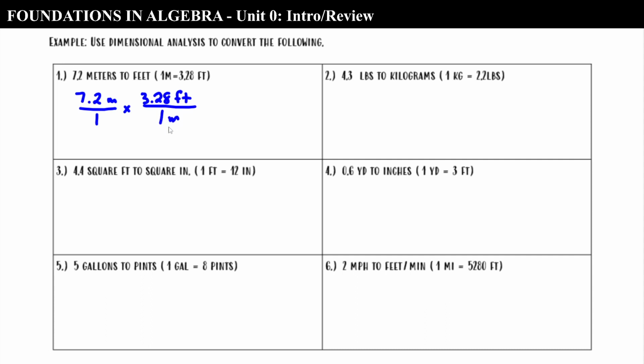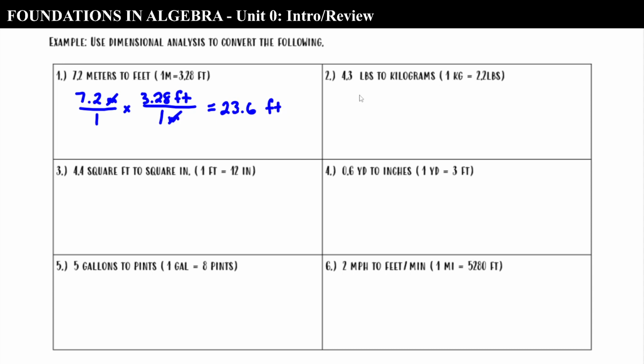The meters have to go on the bottom because we have it on the top originally, because we want these to cancel. Once they cancel, we can multiply across the top and we'll be left with feet as our unit. Rounding to one decimal place, 23.6 feet.